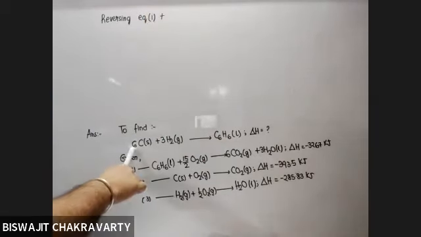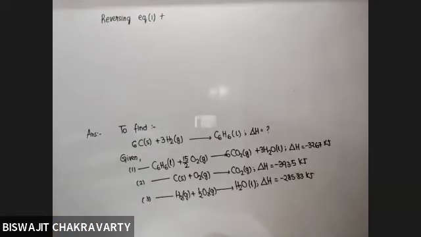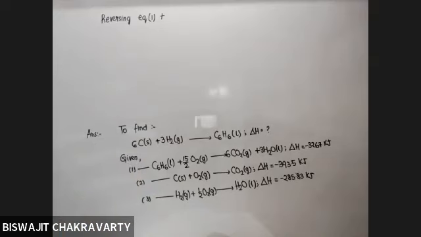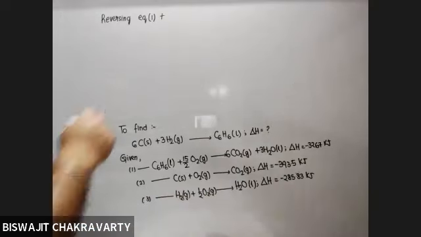Now come to carbon. In which equation carbon is present? Equation 2. But how many moles of carbon are actually required according to the demand of the situation? 6 moles. But here it is 1 mole, isn't it? So all through this reaction is to be multiplied with 6.